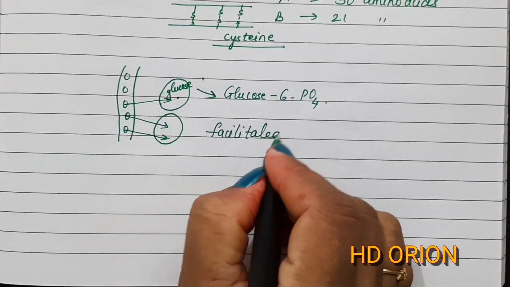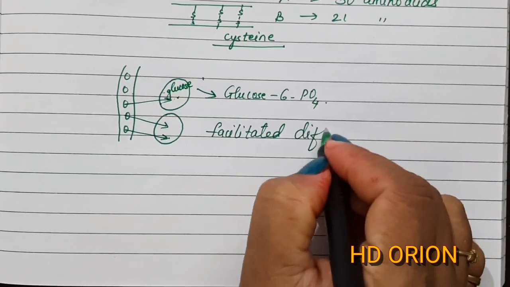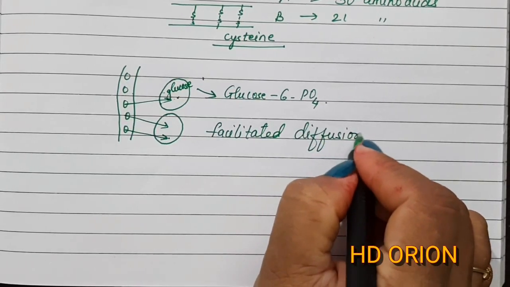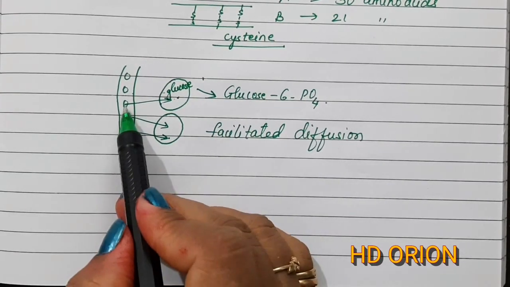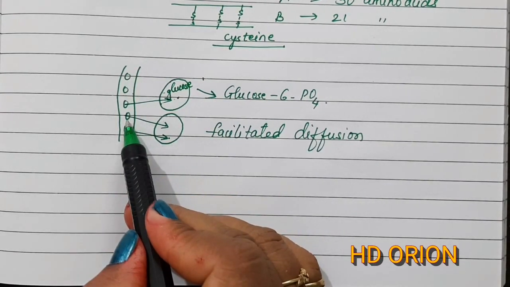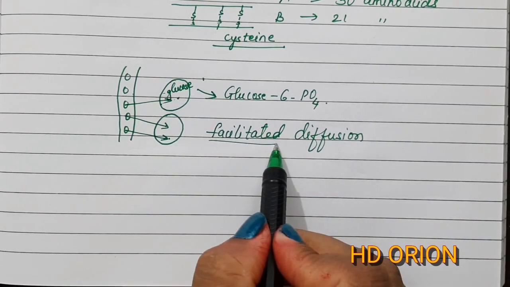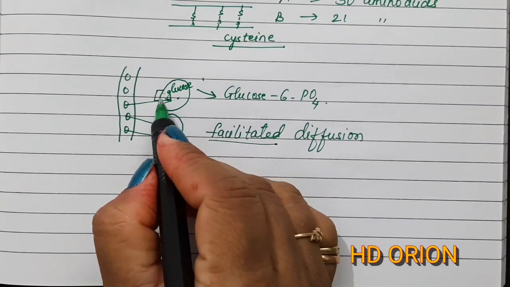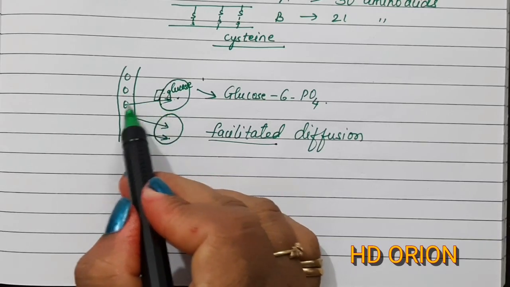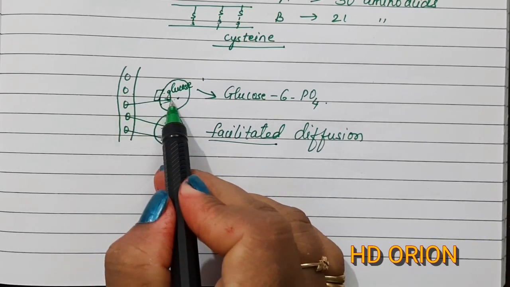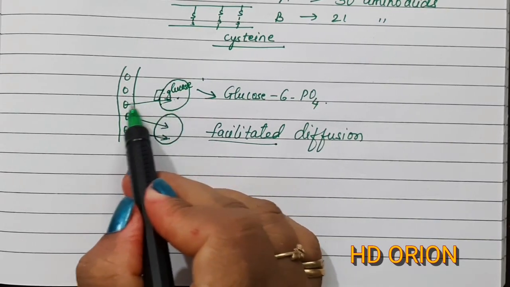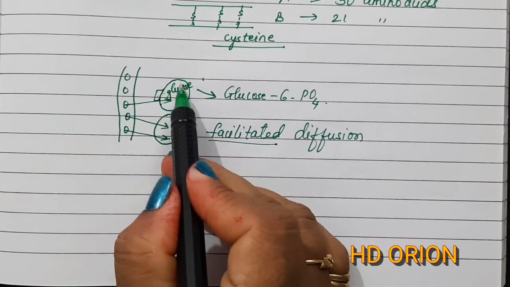Facilitated diffusion is the process in which the movement of molecules from the higher concentration to the lower concentration takes place. So since the glucose molecules are higher in the blood, they will move inside, but when we say it is facilitated diffusion, that means there is a carrier protein over here, some protein which is allowing the movement of this inside the cells. So when more amount of glucose will come here, this will become hypertonic.